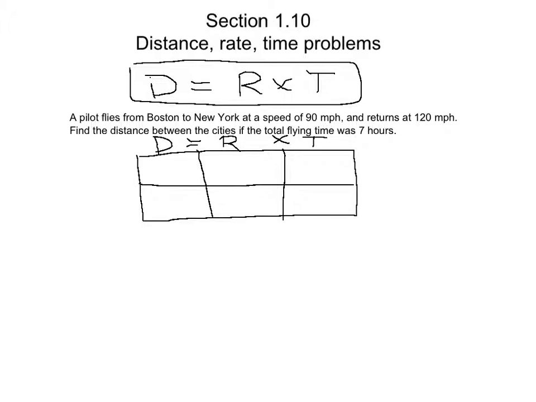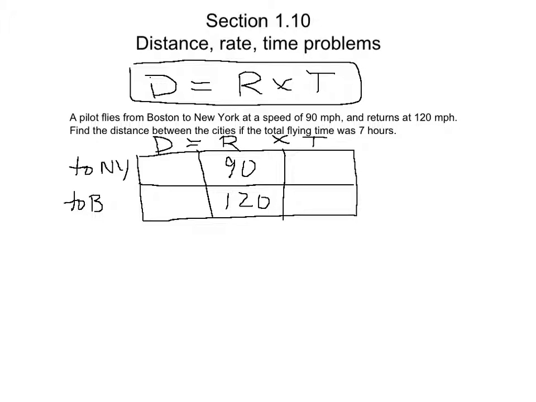Now we're going from Boston to New York. So this is to New York, and then going from New York to Boston. And we don't know what the distance is, but we know that the rate going to New York is 90, and going to Boston is 120.